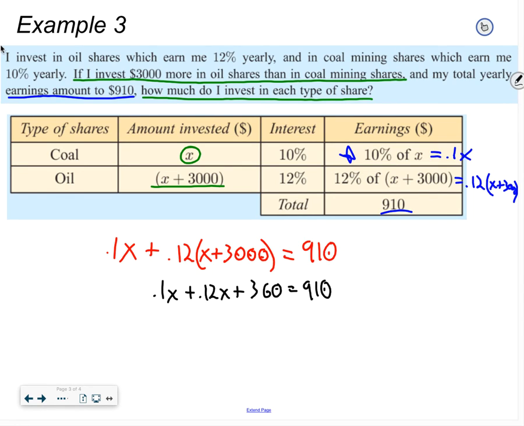Okay, I'm going to collect my like terms, so I get 0.22x plus 360. And now solving for x and isolating the variable, I'm going to subtract 360.